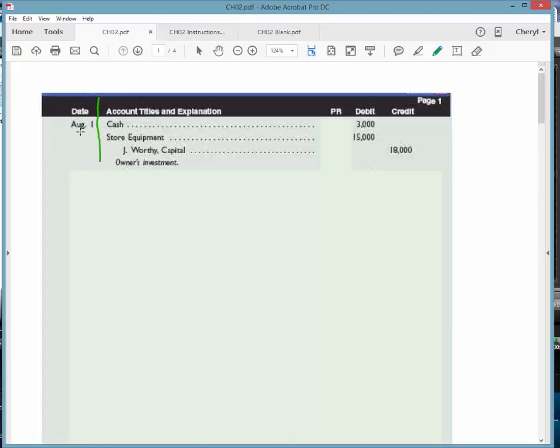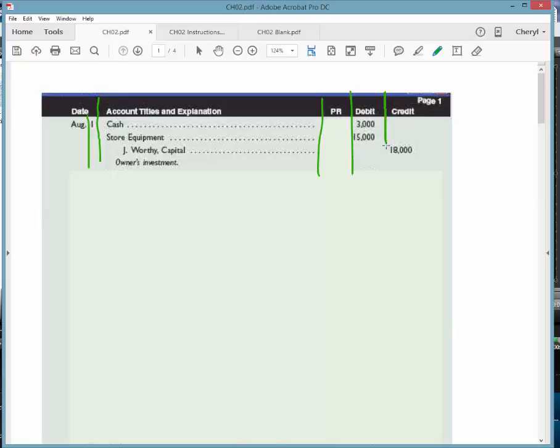Okay, so we have, and actually I think your pages look more like this. So August goes in the first column under date, and then the day of the month goes under the second column under date. Then the next column is account titles and explanation. Okay. The next column is the PR column, which stands for post referencing.